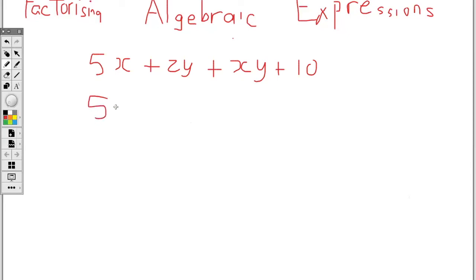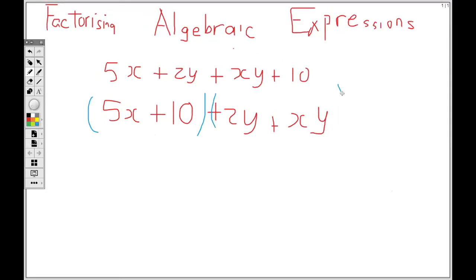I can group these two together. So I have 5x plus 10, while on the other side I have xy and 2y. So this would be 2y plus xy. After rearranging, now I can go ahead and group the first two terms together and the last two terms together.